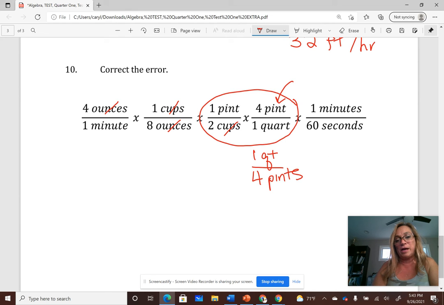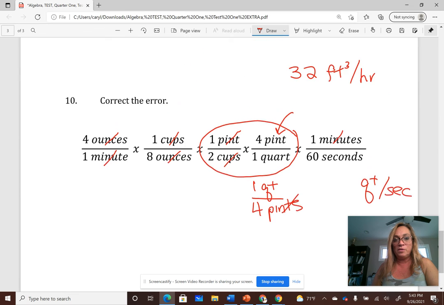And that would correct it because then I could do pints with pints and I could do minutes with minutes and I would be left with quarts per second. And then you could calculate the number. Oh, looks like that's it.